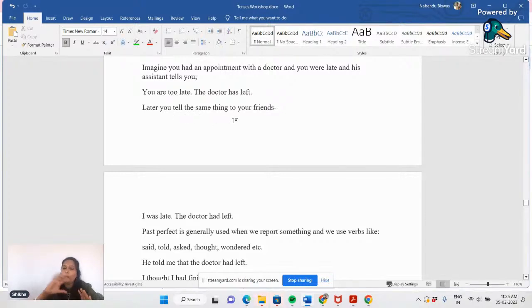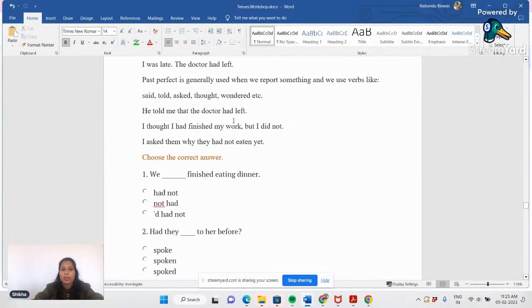You did not meet the doctor, you went home, and maybe you are meeting your friend in the evening. How will you say the same incident? You will say: I was late, the doctor had left. Why are you using had here? Because there is a long time gap between what happened and when you are telling it, right? That's why we are using had here.